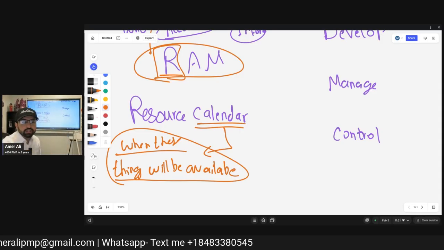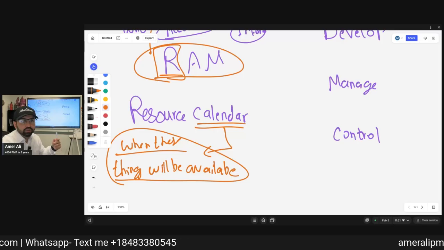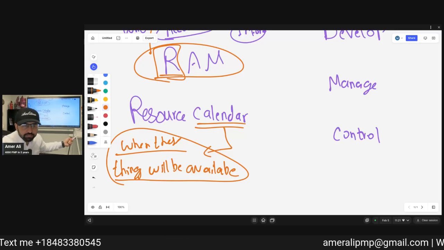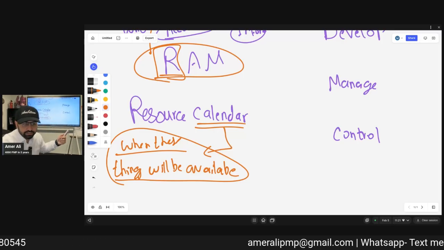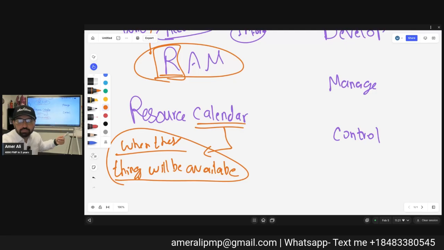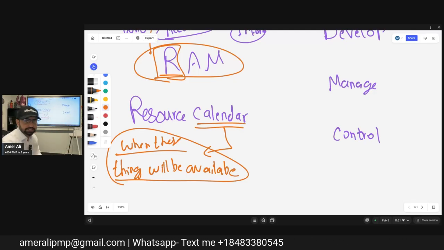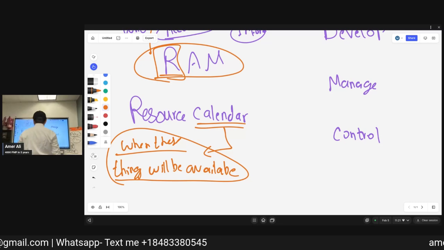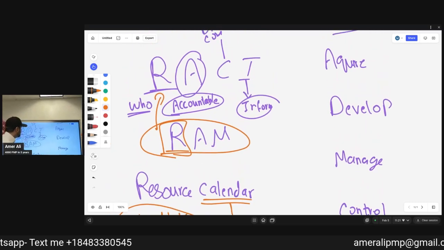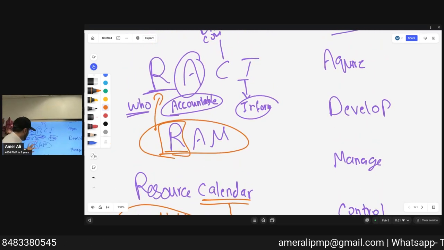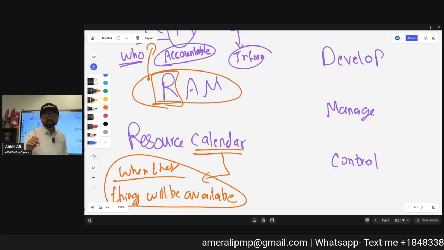Here I'm trying to give you the keywords, and you should know what each keyword means, because when you are solving the practice questions, these keywords will help you along the way. So are we clear about these three documents: RACI, RAM, and resource calendar? Put in the chat box, I'm clear.